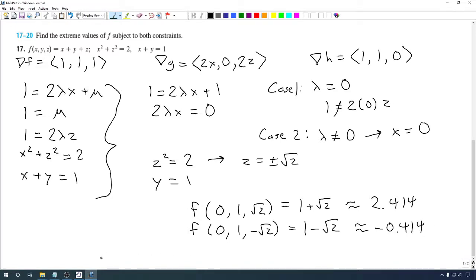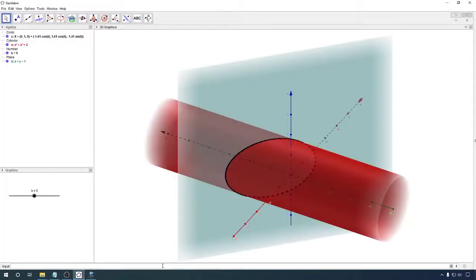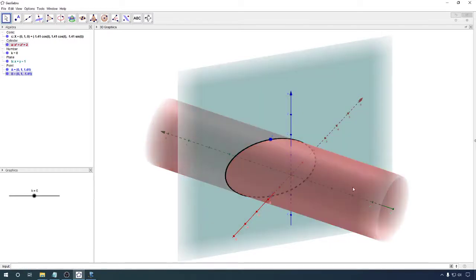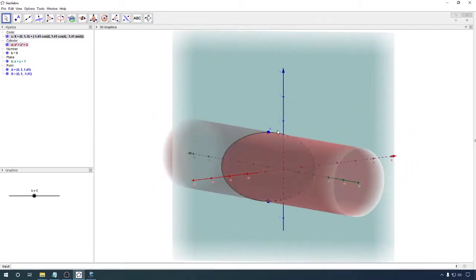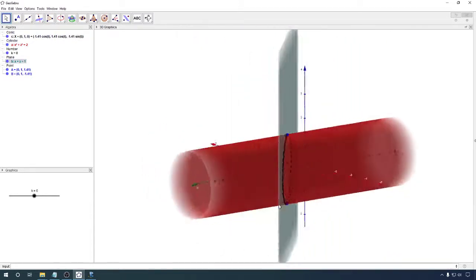If we go ahead and plot those points on our graph here, we have (0, 1, square root 2) and (0, 1, negative square root 2). Those turn out to be the points at the top and bottom of this ellipse.